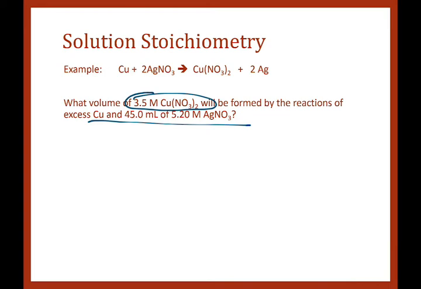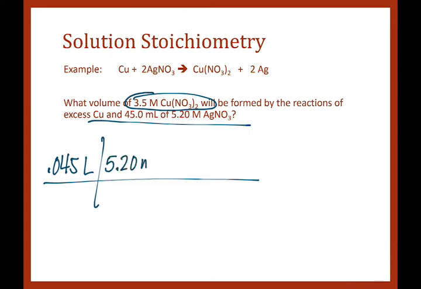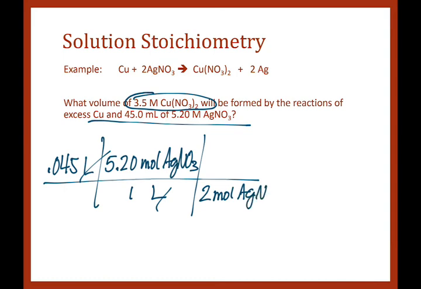So this is going to be 0.045 liters times the concentration of the silver nitrate, 5.2 moles of silver nitrate per 1 liter. I'm sorry, at the end of the day, I'm tired. My liters cancel out. And then I know that 2 moles of silver nitrate will form 1 mole of copper 2 nitrate.